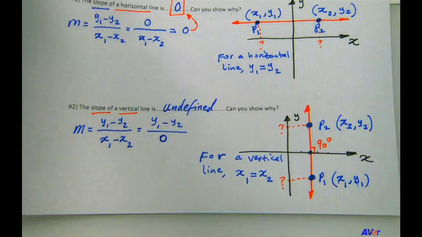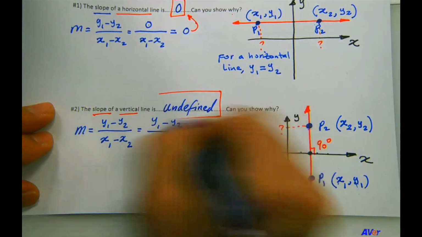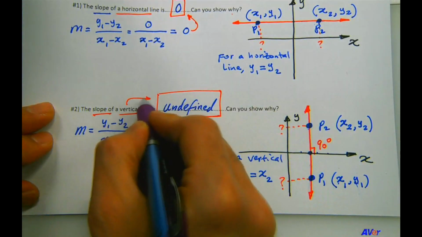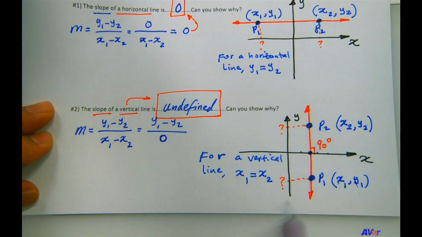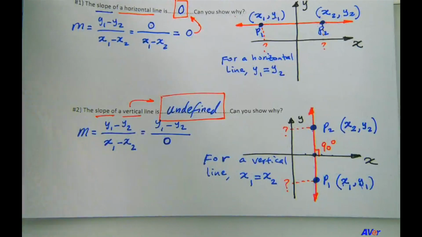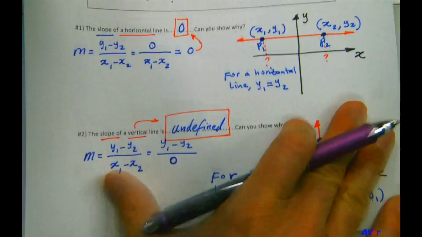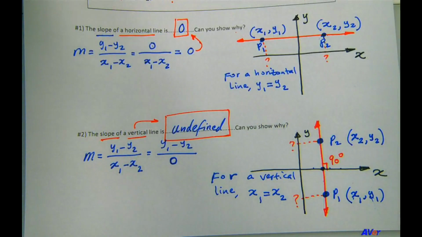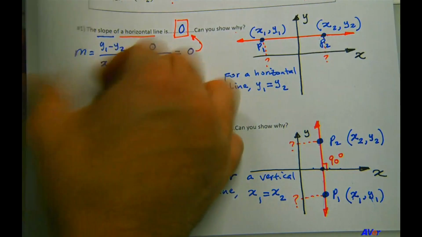Okay? That's for a vertical line. I hope this helps you. I'm sure you've seen this before, but if you didn't remember it, I hope this would be a refresher on that.